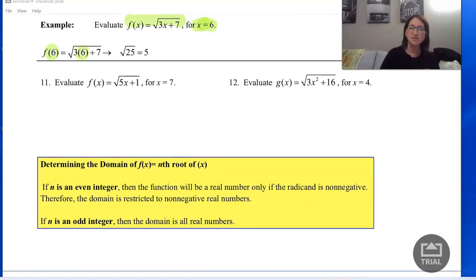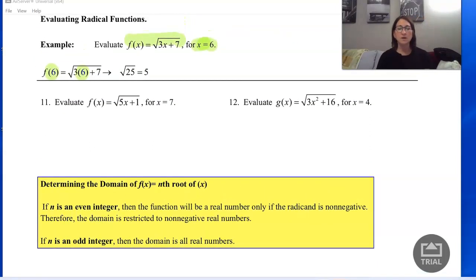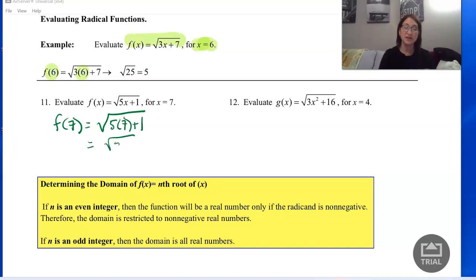Let's evaluate 2 more. So let's look at the f of 7. So this one is going to be the square root of 5 times 7 plus 1. So that's going to be the square root of 36, which is 6. So that means f of 7 is equal to 6. Let's evaluate this last one. G of 4. So I do G of 4 because it's telling us x equals 4.